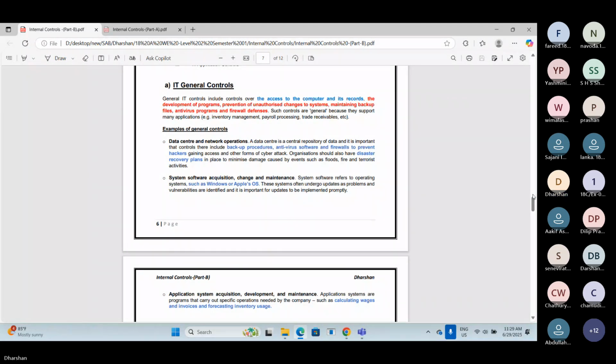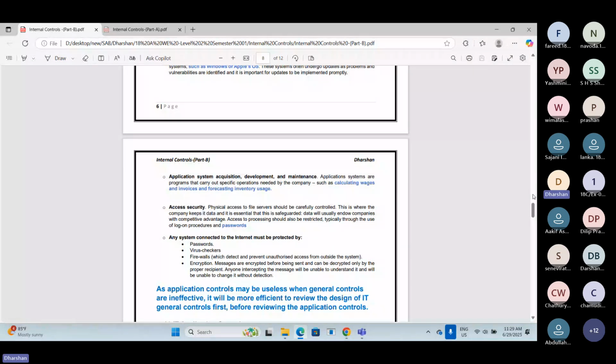Application system acquisition or development and maintenance: examples are calculating wages and invoices and forecasting inventory usage. Access security and password implementation are considered as application internal general controls.